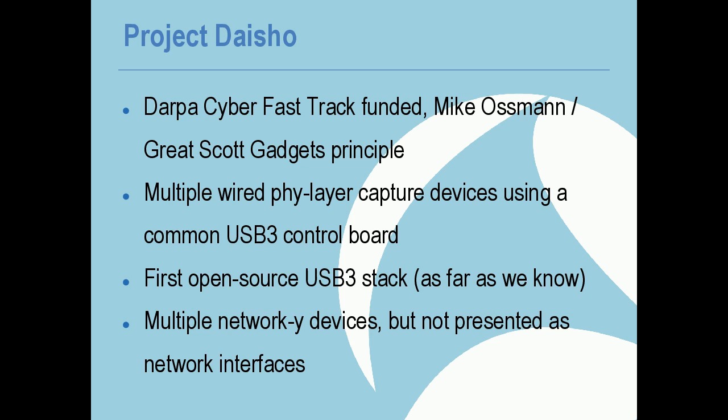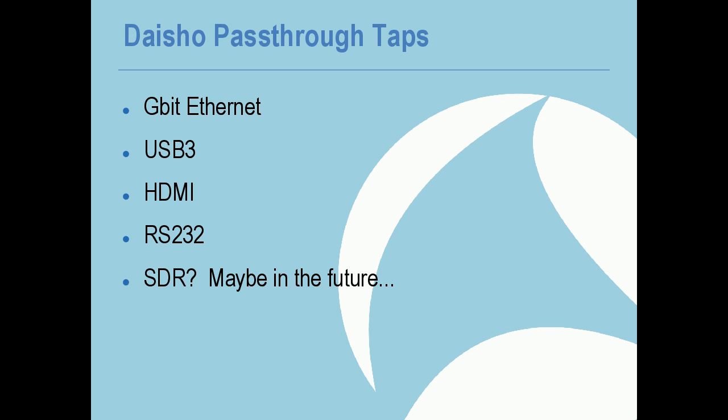As far as we know, it's going to be the first open source USB 3 stack. They're all networky devices, but they're not presented as network interfaces because we're doing a custom tap on them. So it'll be passed through tapping on gigabit Ethernet, USB 3, HDMI, RS-232, and there's some talk about trying to make a very fast software-defined radio module that plugs into it. So yeah, it's just an example of some of the things that are involved in that project.